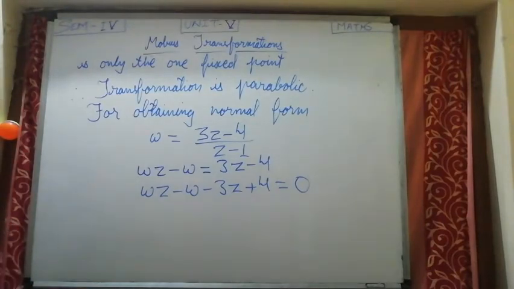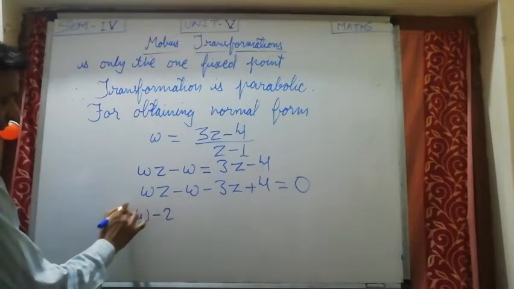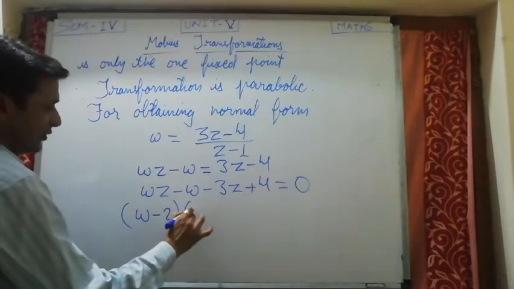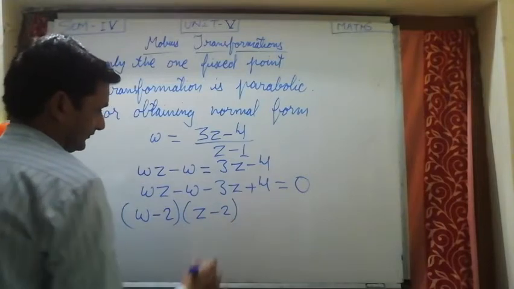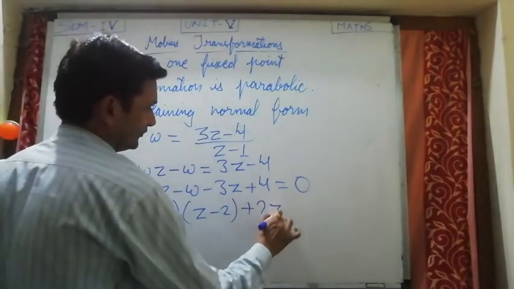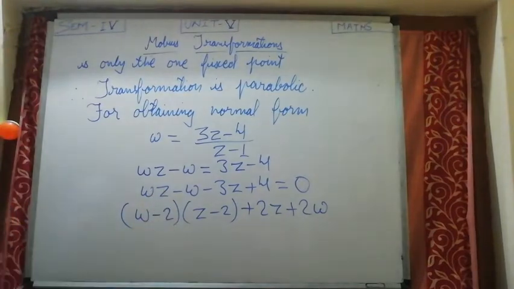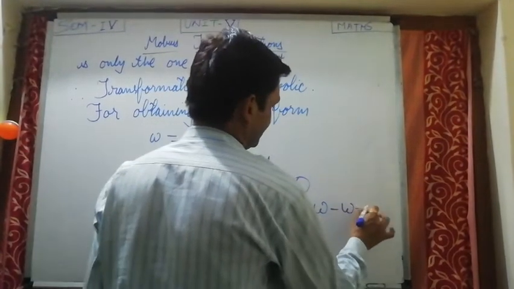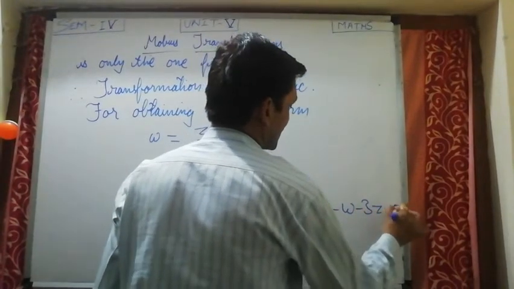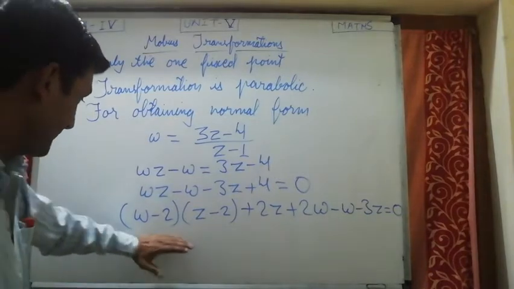or we can write it directly (w - 2)(z - 2), if we are writing it in such a manner, plus 2z plus 2w minus w minus 3z is equal to 0. Why we are doing so? Concentrate here.